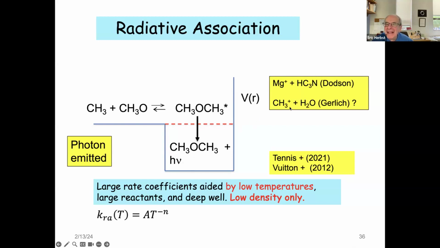Here are several people that have actually tried to measure this type of process, but it's very difficult. So it's mostly done by quantum mechanics anyway. So we think that these radiative association reactions are very important at low temperatures, not at high temperatures. And so they may have something to do with why molecules can be seen in low temperature regions.